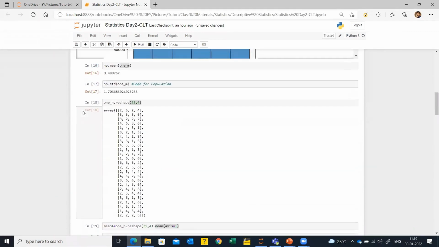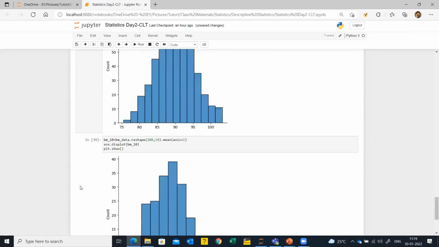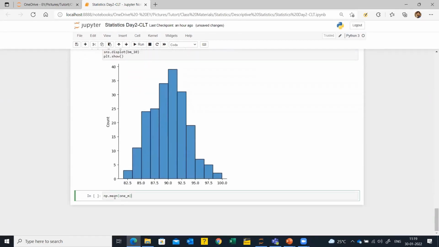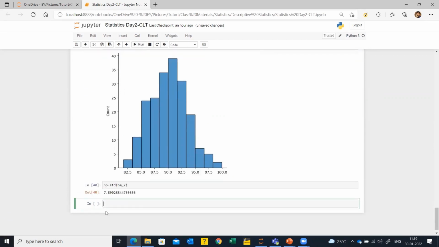If we compare standard deviations of those two samples, bm_2 and bm_4, let me do it for you. np.std. Tell me if I'm wrong. You want to do it for bm_2 and bm_4.